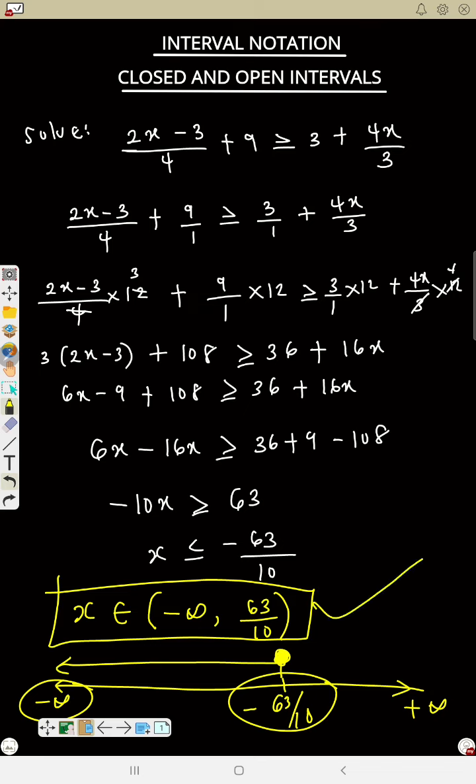So this is interval notation. This one now is less than or equal to. Please take note of this bracket. It should not be like that, it should be like this.